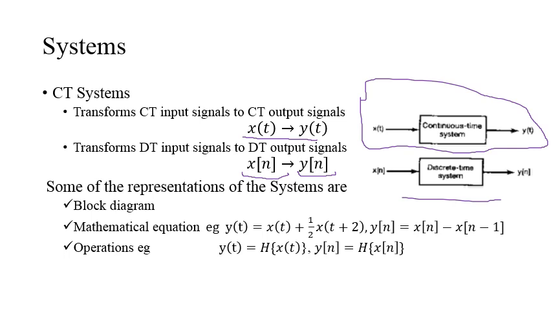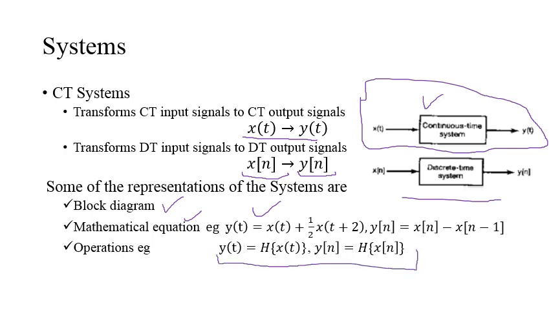Systems can be represented in different ways, such as a block diagram, like we have represented here, where the system is shown by a block, or by mathematical equations such as this one, or by operators such as this one.